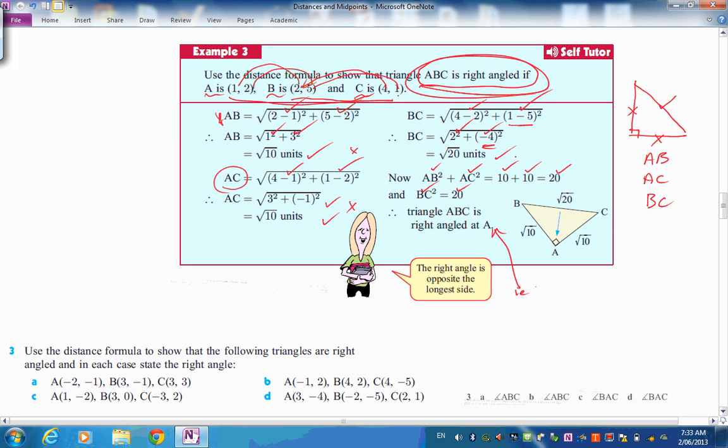I would like to say that AB squared plus AC squared equals BC squared. Therefore triangle ABC is right angled, right angled at A, and put here by Pythagoras.